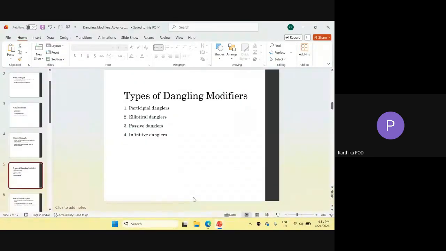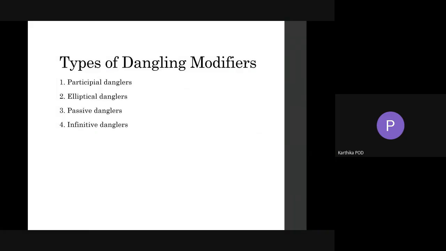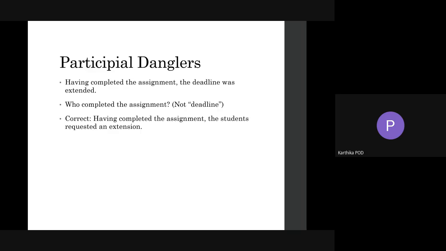Okay, so there are different types of dangling modifiers. One is the participle danglers, which we have already discussed. So something like: having completed the assignment, the deadline was extended.